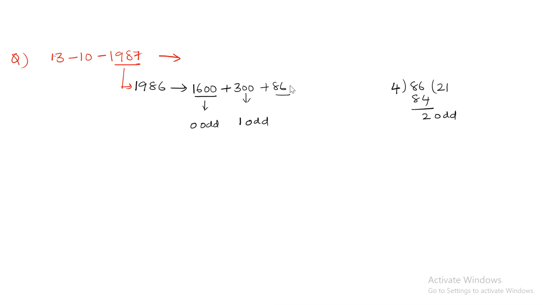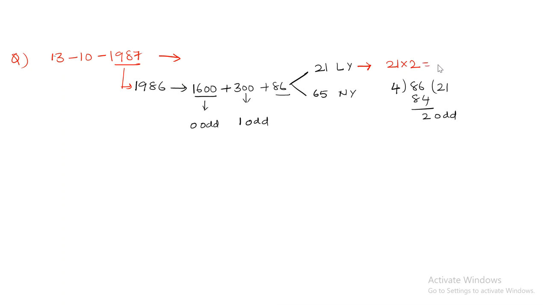Now among the 86 years, 21 are leap years and how many remain? The remaining, I can say, 65 are normal years. Now we know that 21 leap years are going to contribute 21 into 2 odd days.